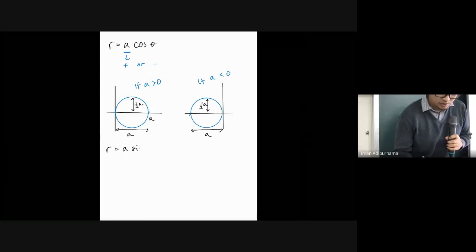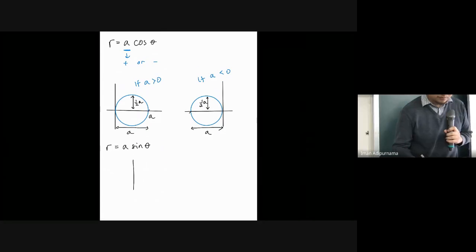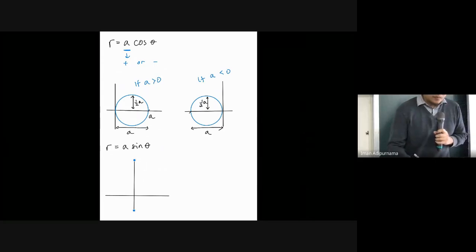For sine, as we drew before, it will have this on the top side. So for cosine, it will be right or left, if you have A cosine theta. If you have A sine theta, it will be top or bottom.